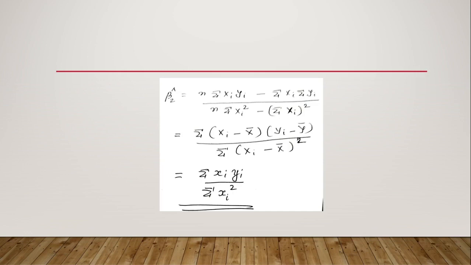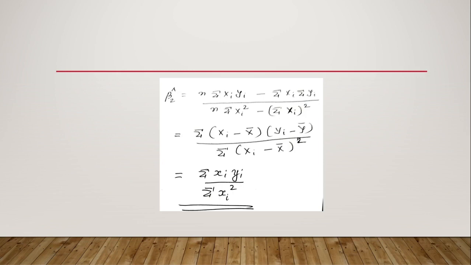So in the case of Xi minus x bar, we can write like this. Here we assume that small xi is equal to capital Xi minus x bar, because the lowercase letter small xi is used to denote the deviation between capital Xi and x bar.